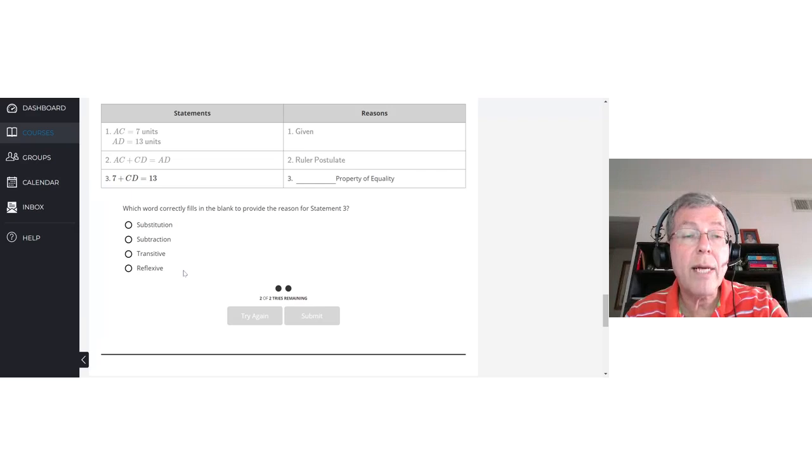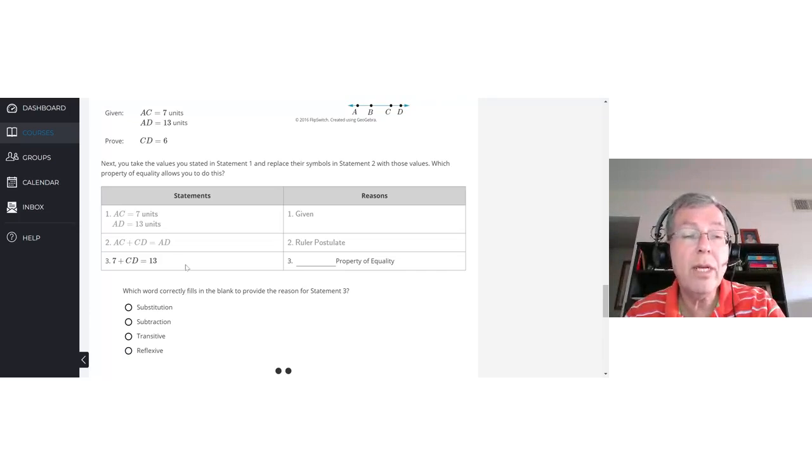Substitution, subtraction, transitive, or reflexive. So you can rule out reflexive, right? There's no kind of mirror image happening here. Transitive needs 3 things in step 3, but there's only 2 things. So you can eliminate transitive. So now it's either substitution or subtraction.